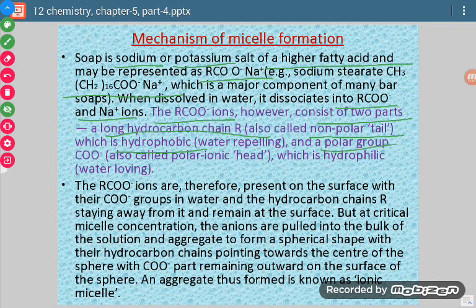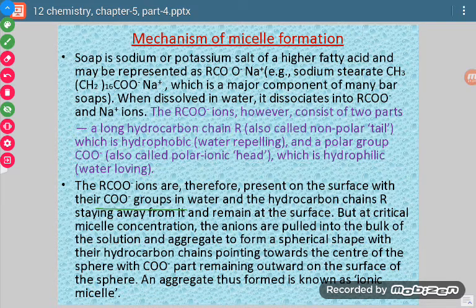And there is a polar group COO negative, called the polar ionic head, which is hydrophilic in nature, meaning it is attracted towards water. RCOO negative ions are therefore present on the surface with their COO negative group in water, and the hydrocarbon chains stay away from it.